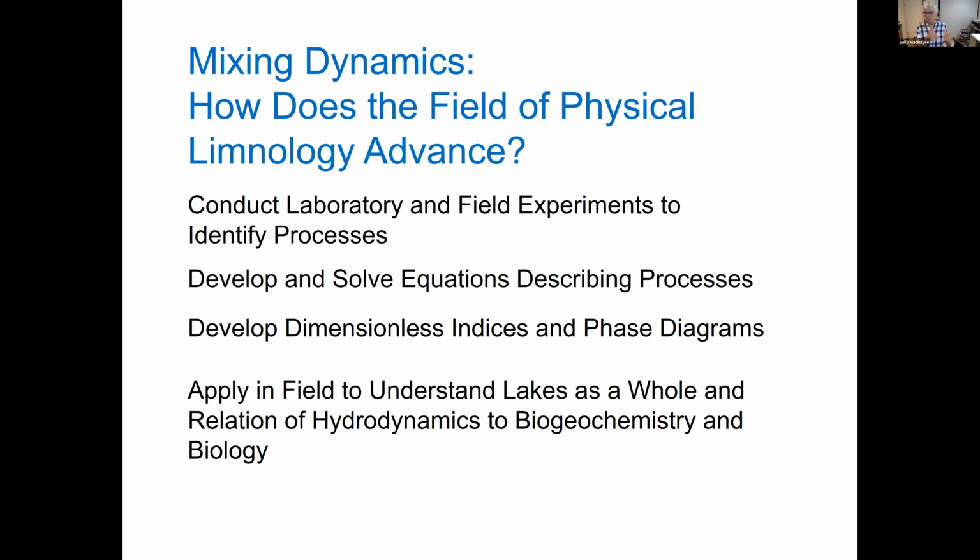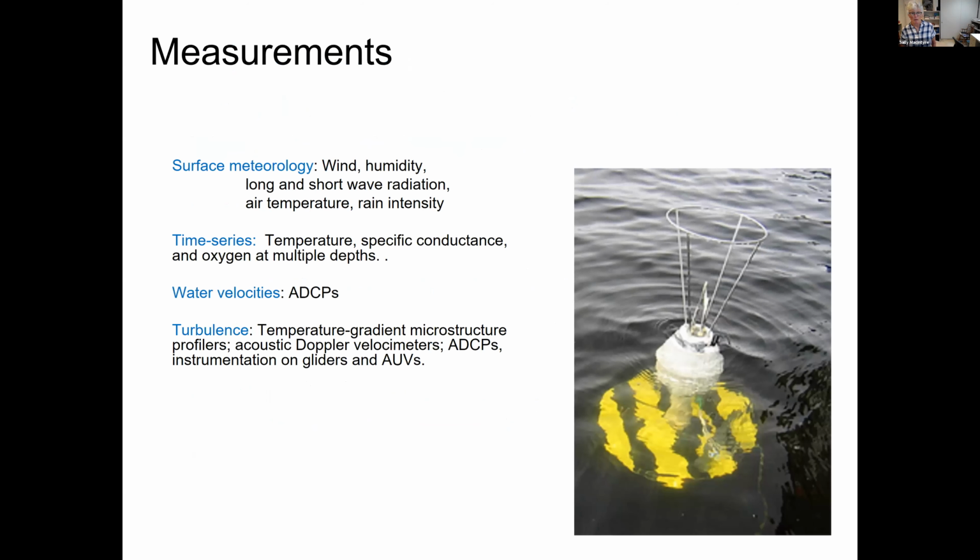All the significant variables are put in and the units are all designed to cancel. And phase diagrams like the one I showed you from Hutchinson and Lewis. And then we apply these in the field to understand lakes as a whole and the relation of hydrodynamics to biogeochemistry and biology. And I know many of you have started to do that with your work.